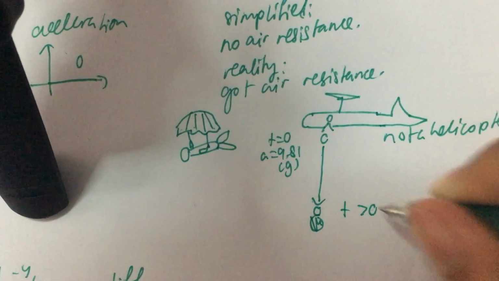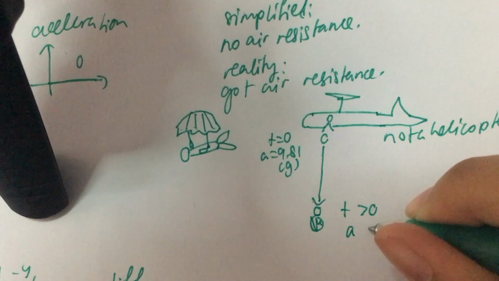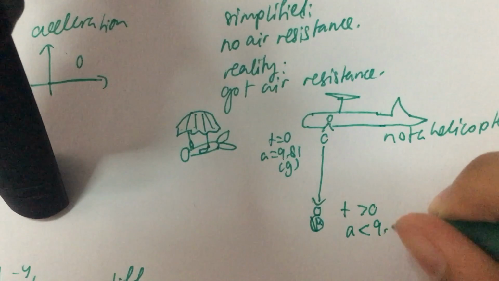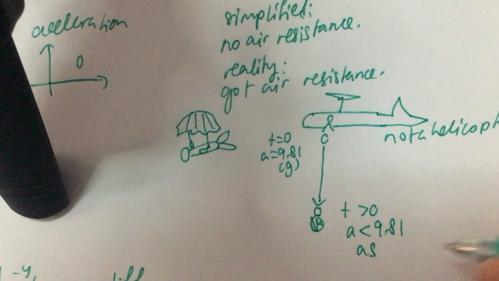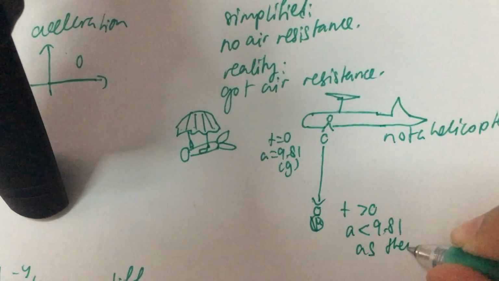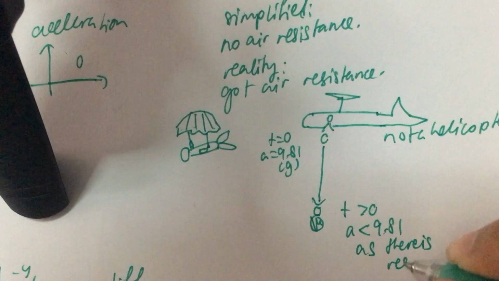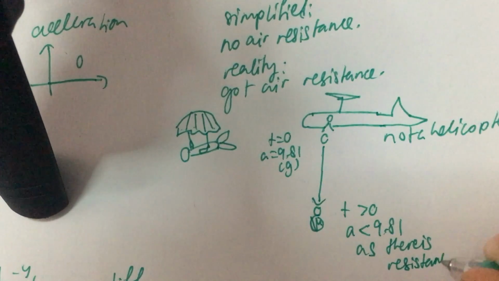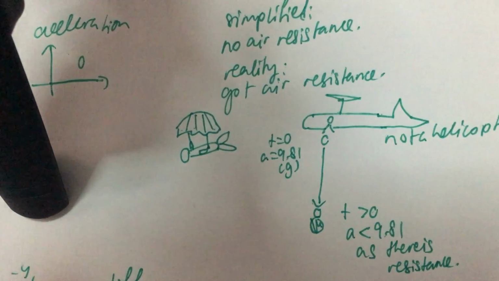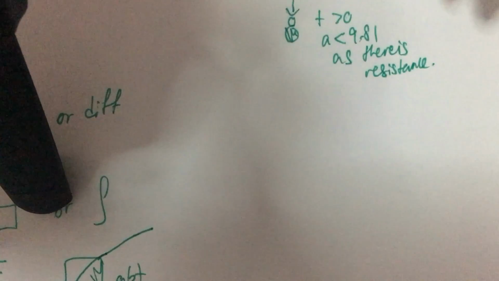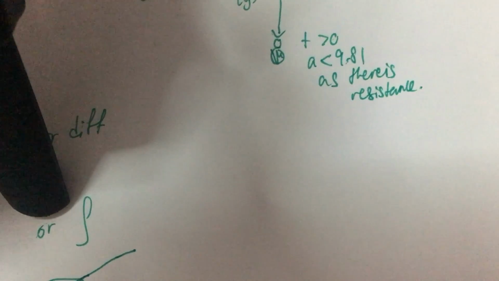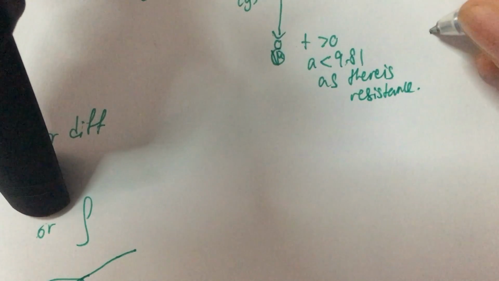and as it moves down and down through the air, it experiences air resistance, because it's moving through the air. And with that, there'll be a decrease in acceleration, because the ball has a force downwards, which is its weight, and now it has another force going upwards, which is the air resistance.